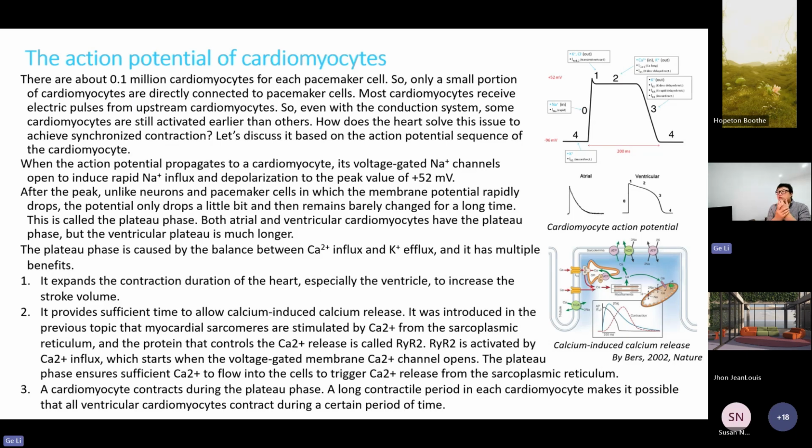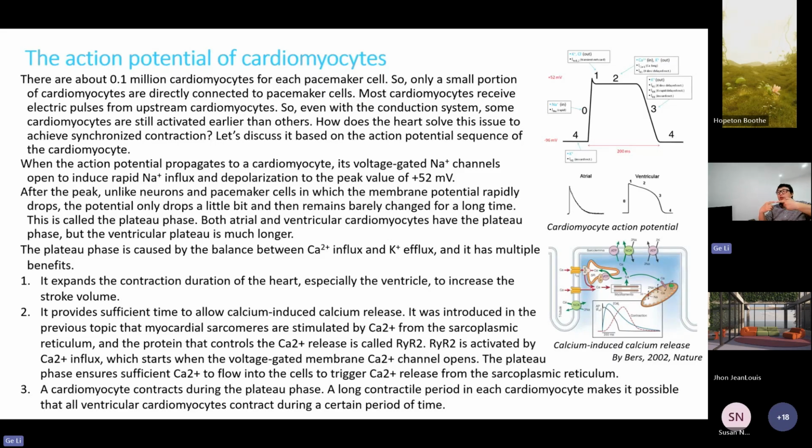One approach we just mentioned is the distance between each new branch, each local cardiomyocyte, and the AV node. They receive the signal from the AV node almost at the same time. I say almost, but not exactly at the same time, because not every single cardiomyocyte is directly connected to a pacemaker cell.